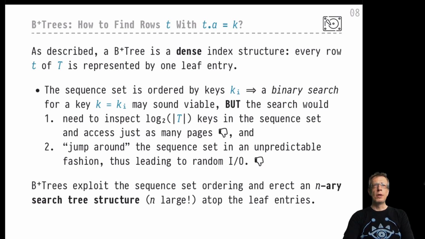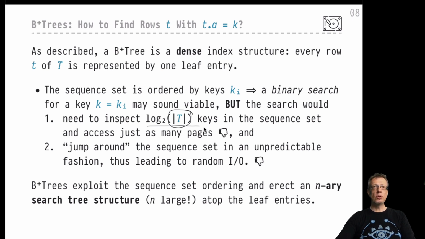Okay, but this is actually a strategy that's doomed to fail, because if we would perform such a binary search, we would have to inspect this many keys. Why is that? Because each row in table T, and T has that many rows, would be represented with its index entry inside the sequence set.